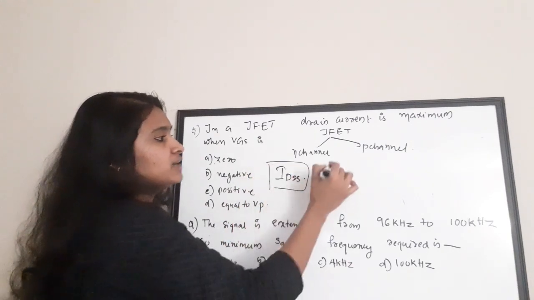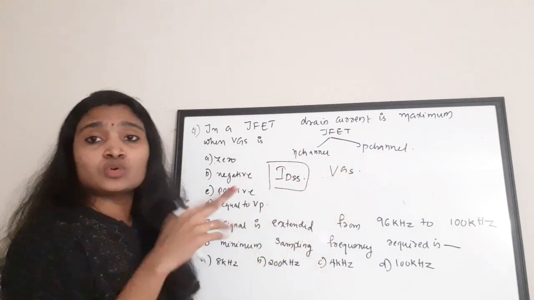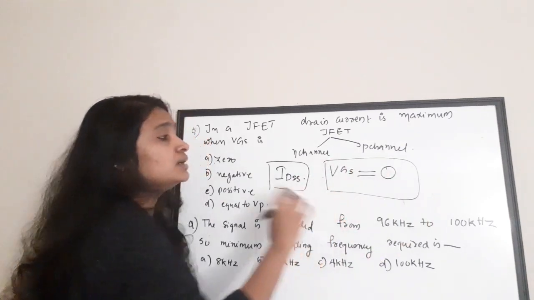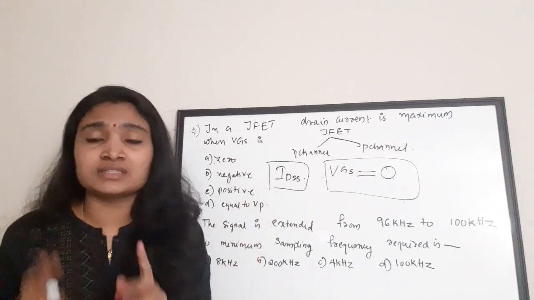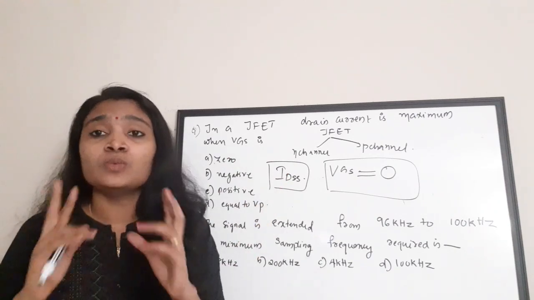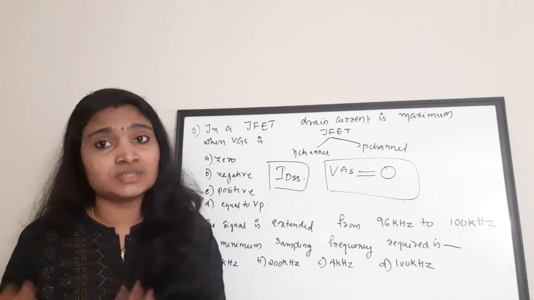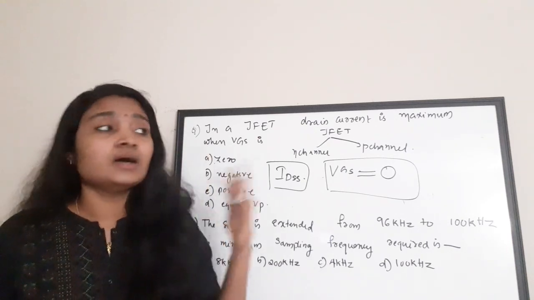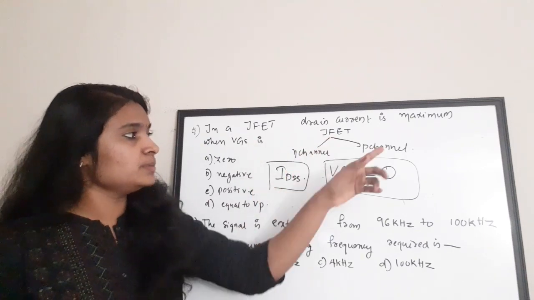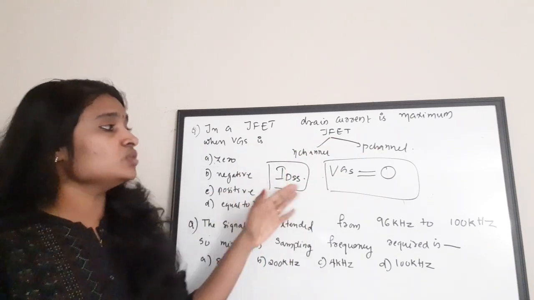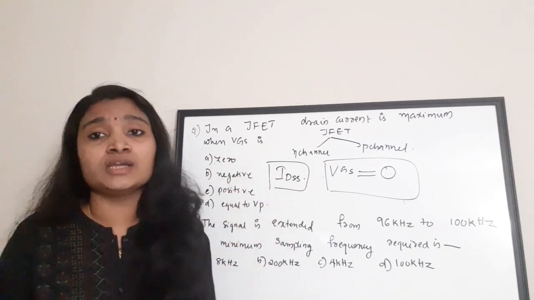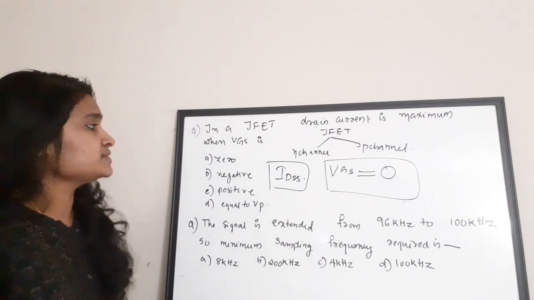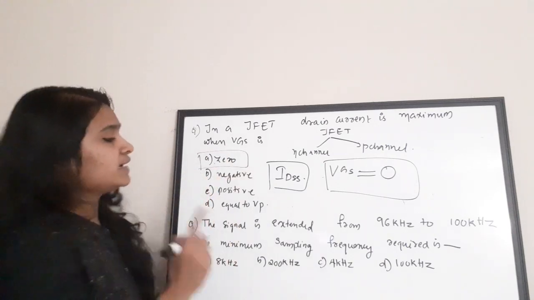It occurs when VGS, that is the gate to source voltage, is equal to 0, and a drain to source voltage is applied according to the N channel or P channel configuration. So in either case, VGS should be equal to 0 to get the maximum drain current. So the correct answer is option A, 0.